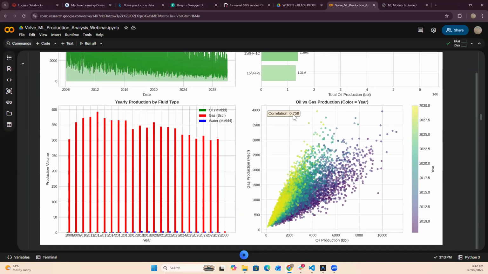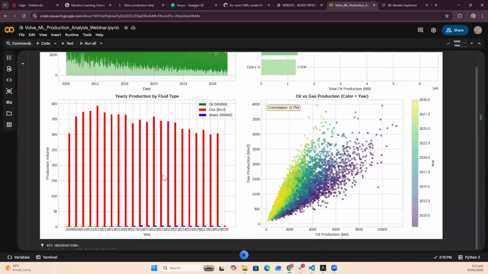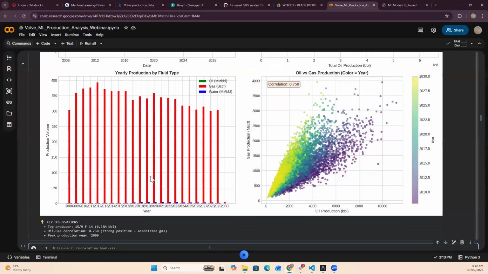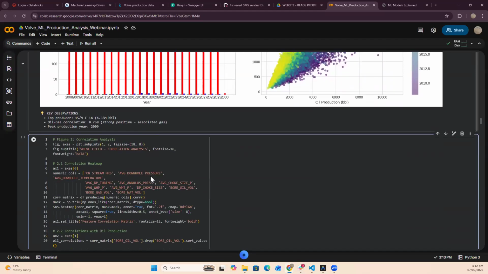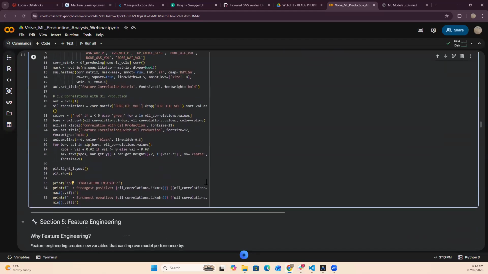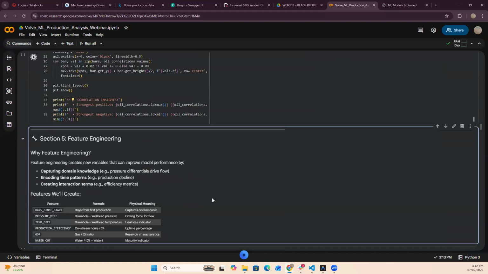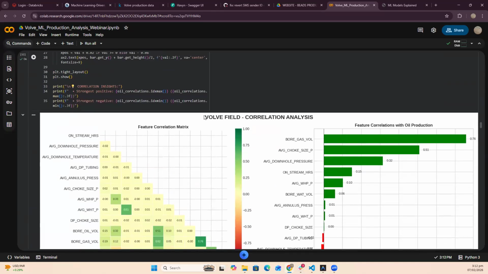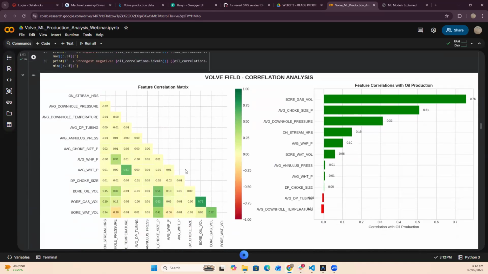So the correlation is 0.758. That's a positive correlation, right? And yearly production by fluid type, right? So oil, gas, water, how does the production look like yearly? Basically, these are some of the analyses that you can make to ensure that you have the best. This is our correlation. We are trying to see how each feature is correlated.